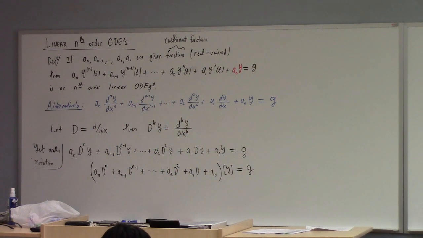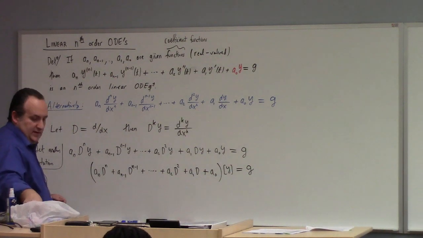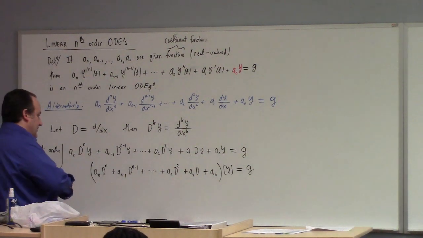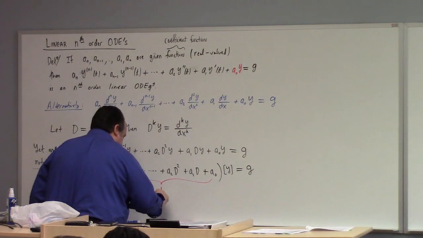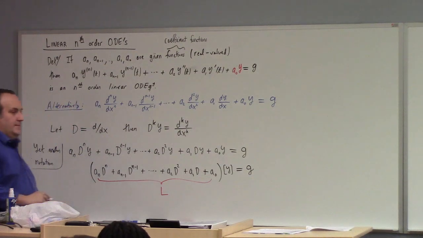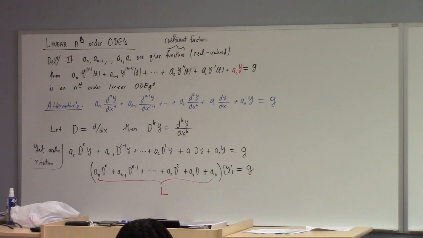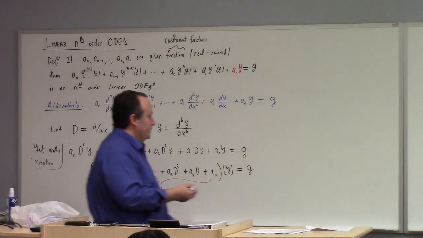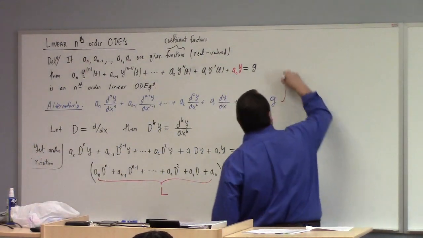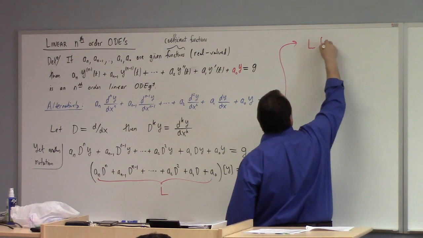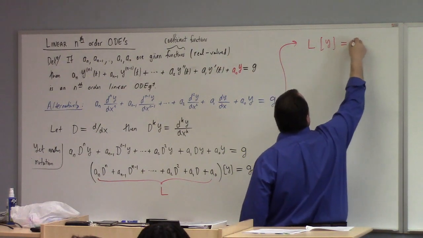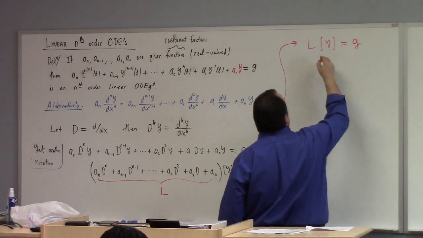All right. So our typical notation in here is to call this all together collectively L. The L is for linear, all right? So in other words, what I'm saying is that I can trade this differential equation and write it instead simply as L of y equals g, right?